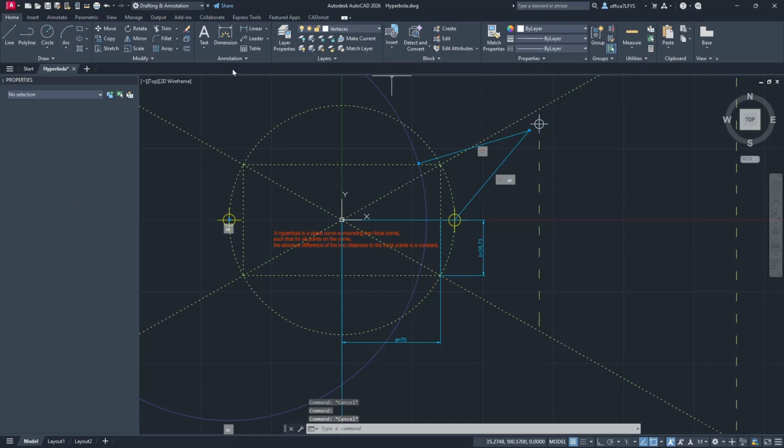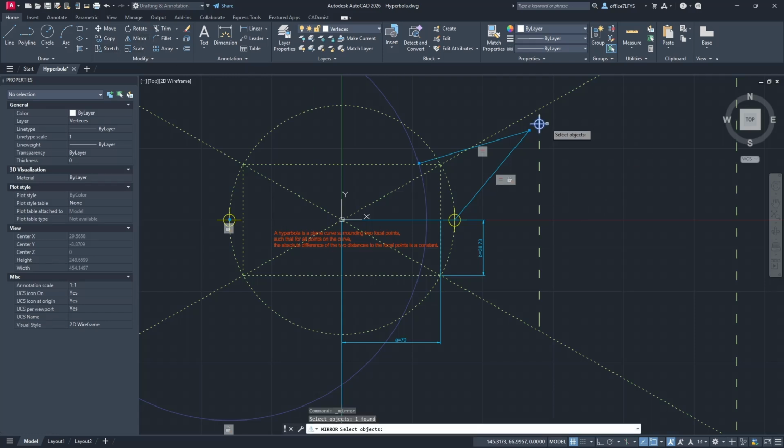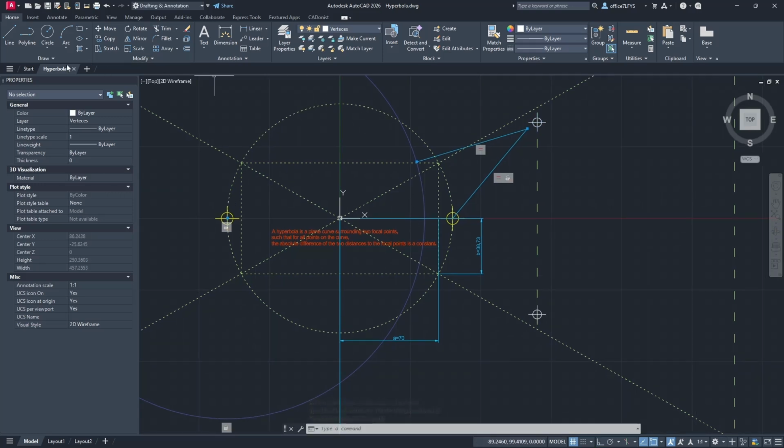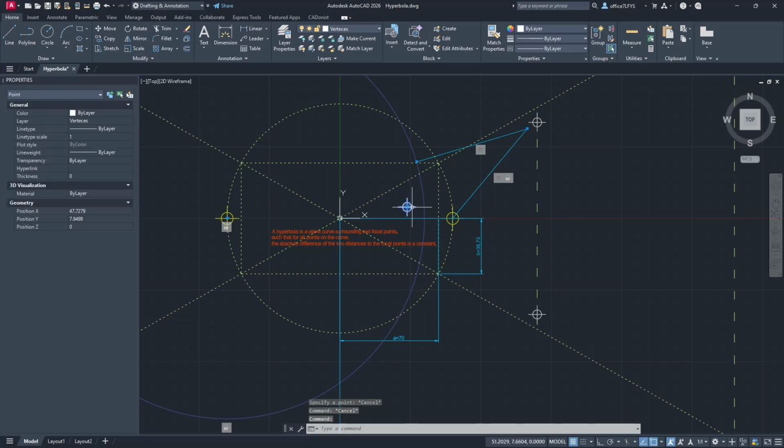Then we mirror it for symmetry. We add one more control point. Its y-coordinate is 0, and its x-coordinate is 35, which is 1/2 of a.